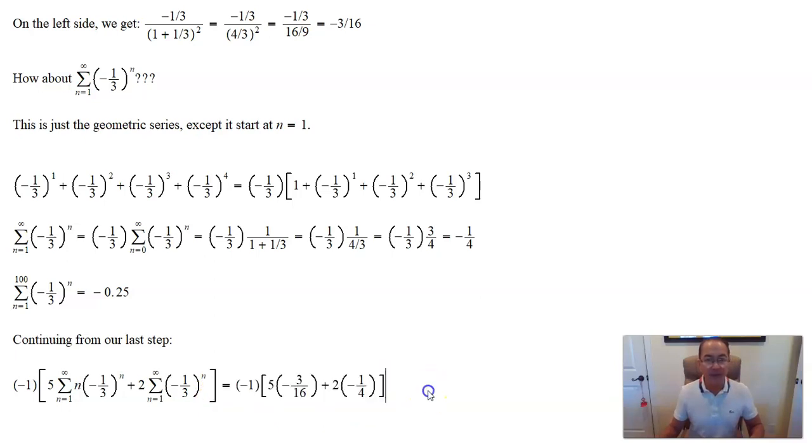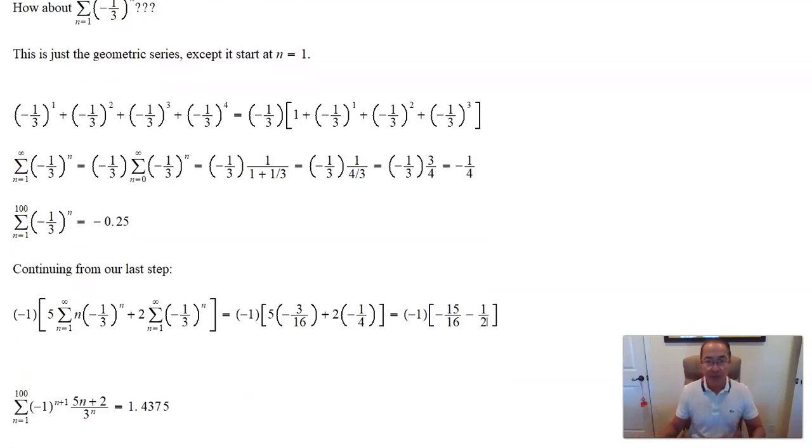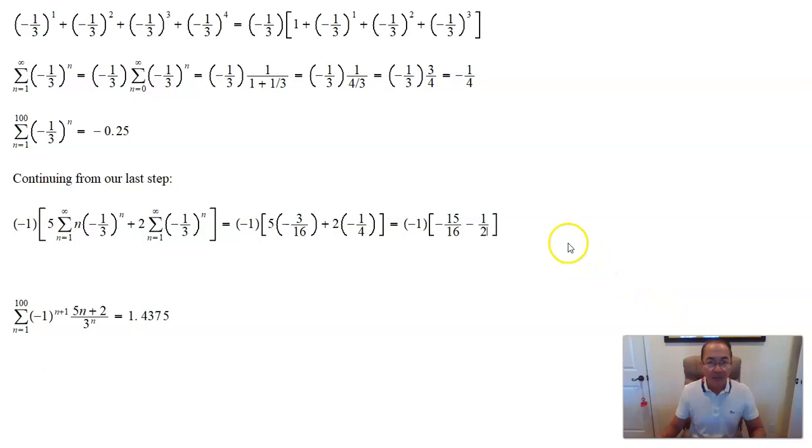Now the rest is just arithmetic. Let's see. You have a minus 15 over 16 here. And then minus 2 over 4, so minus 1 half. Okay, so we're almost there. All those minuses, I'm tired of the minuses. Get rid of that, and that, and that.